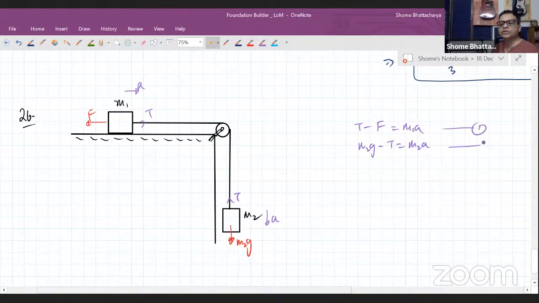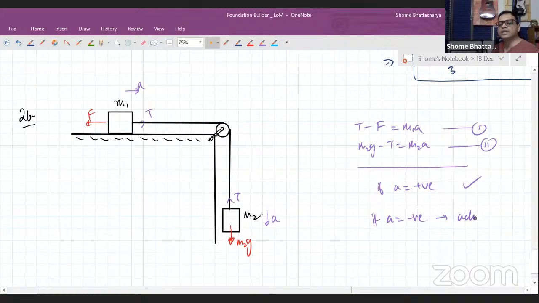Now solve these two equations. On substituting the value of F, if I get A as positive, then the directions are fine. If I get A as negative, then the actual direction is opposite, but the magnitude of the acceleration will still be the same.